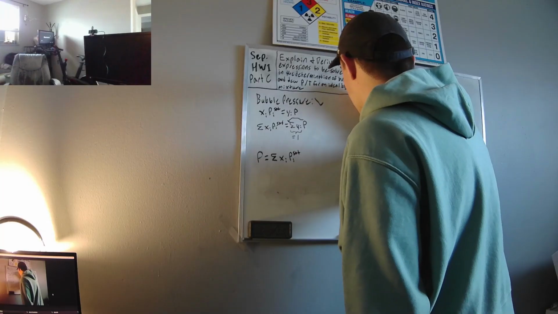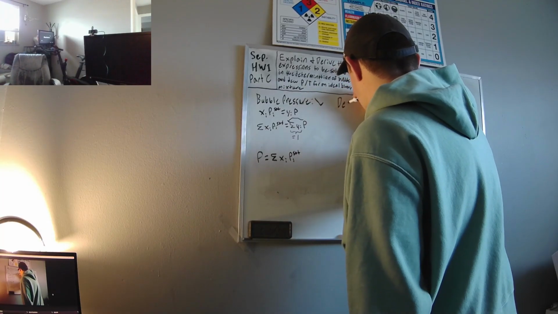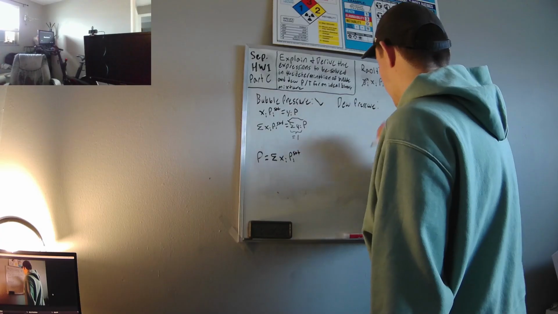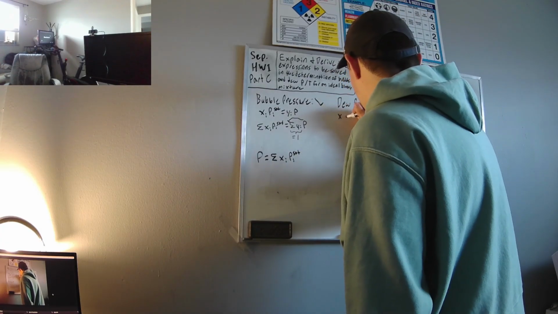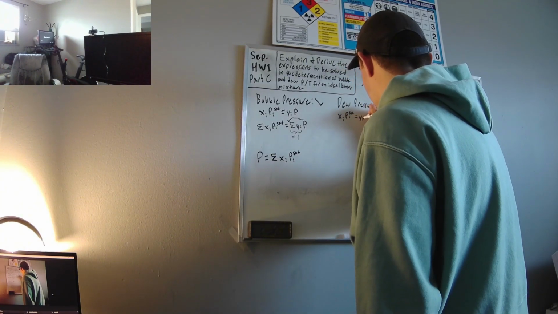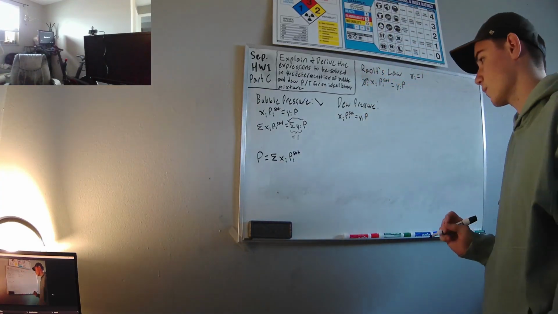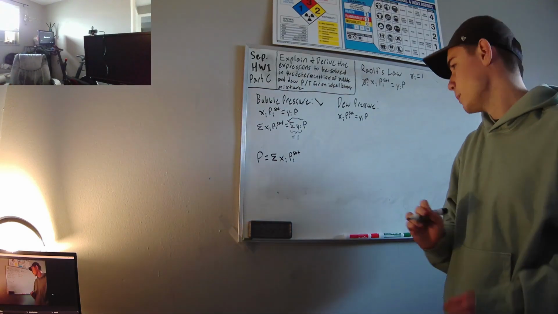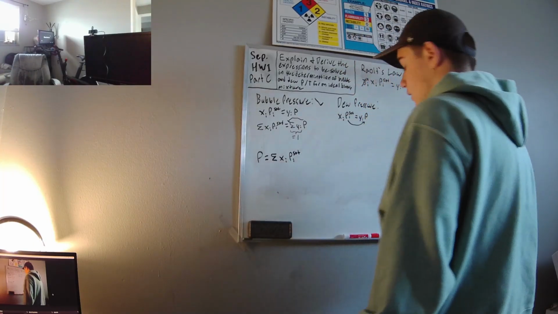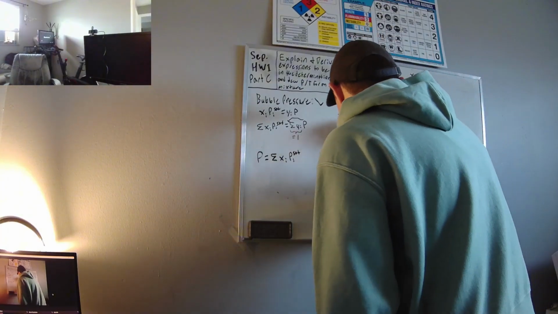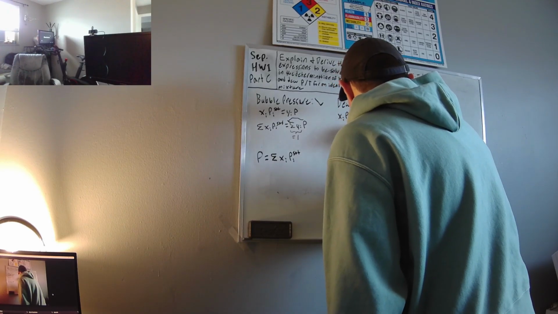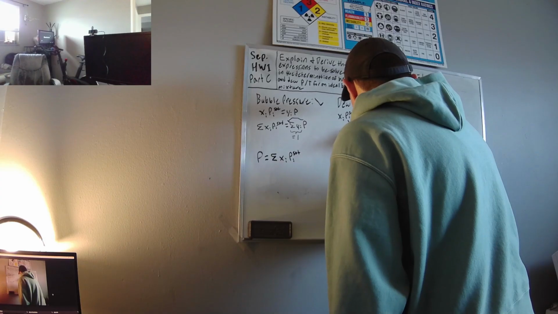We're going to do our dew pressure. And yet again, we're going to start with our Raoult's law, x_i P_i^sat equals y_i P. And then this time around, before we put that summation there, we're going to go ahead and move our P_i^sat to the other side here for simplicity, which will give us x_i equals y_i P over P_i^sat.